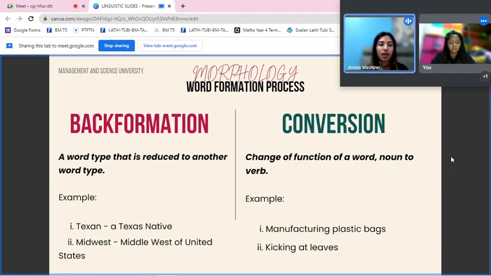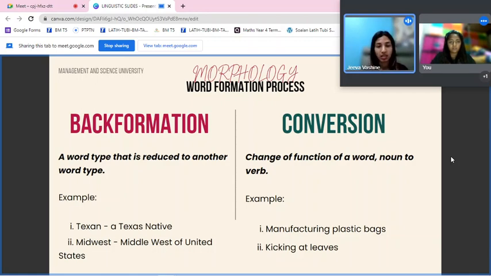So back formation is a word of one type that is reduced to another word type. An example of back formation is donation, donate. From the article we took examples such as Texan, a Texas native, and Midwest, Middle West, of the United States.